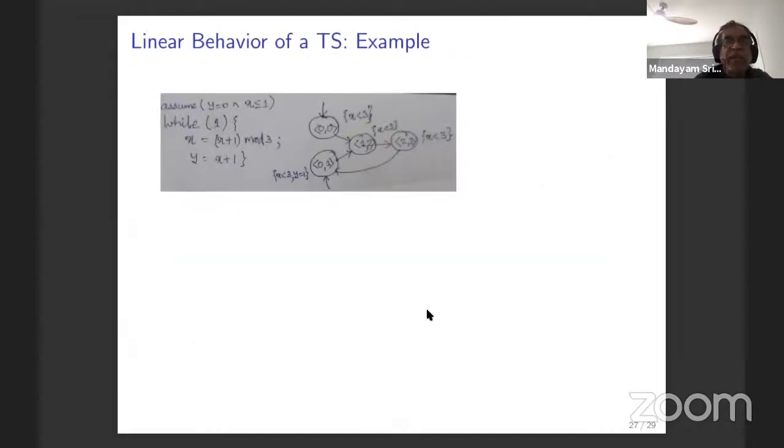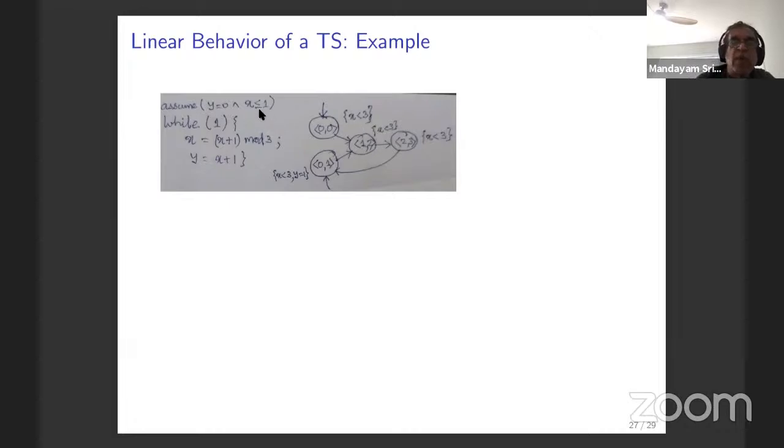Okay, so for example, suppose I take the linear behavior of a transition system example here. I'm using this transition system, which is the same as what I introduced earlier, this infinite loop thing, but starting from an initial state in which y is 0, but x can be less than or equal to 1. Okay. So this is the transition system.